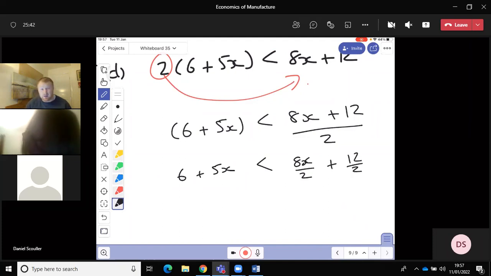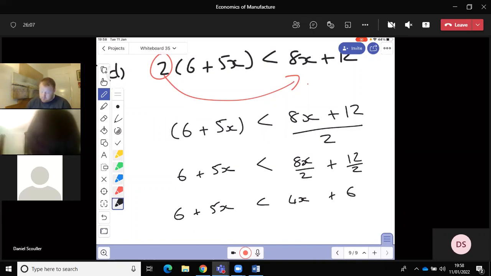Remember, we did that earlier tonight, when we were solving one of the past paper questions in that handout. So I can write that fraction like that. If I just tidy that up, that just becomes 4x plus 6. And that's now in a format that we're sort of familiar with, and we can start moving things about.